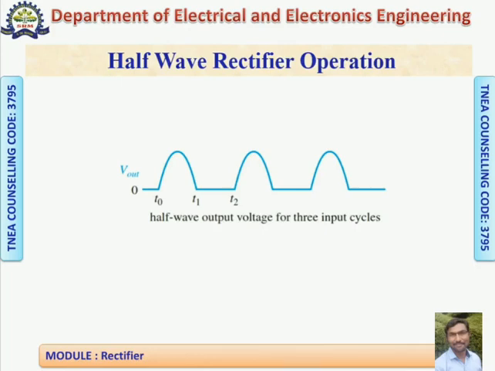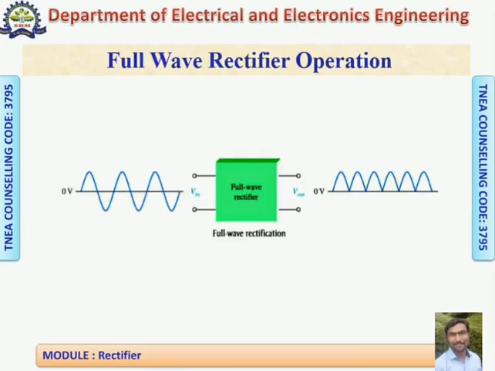Now we can see the operation of a full wave rectifier. The full wave rectifier converts both the positive half cycle and negative half cycle of an AC input into DC output.